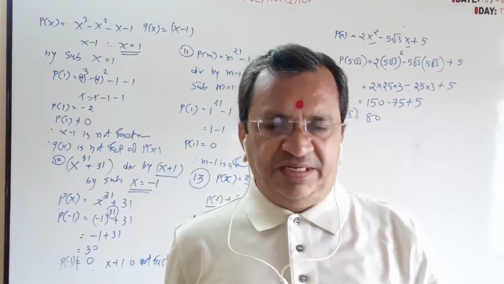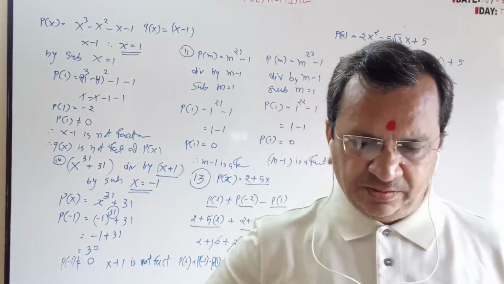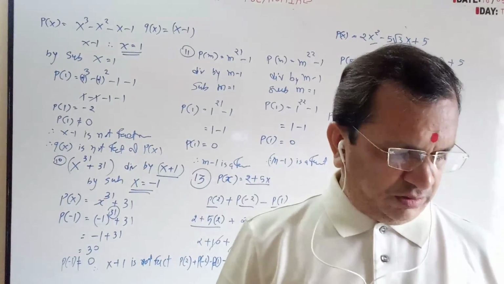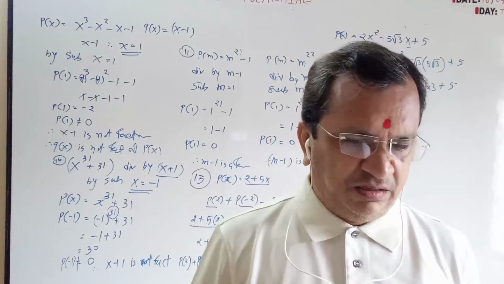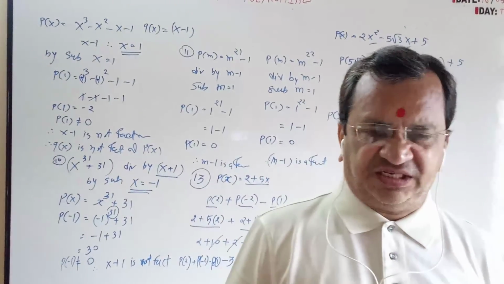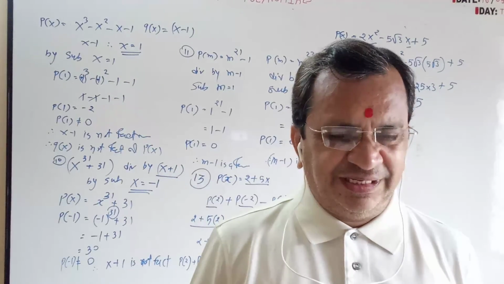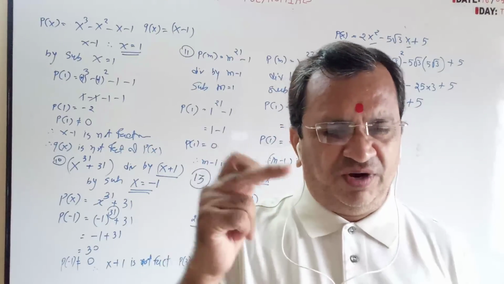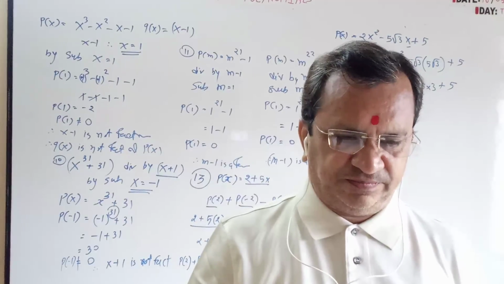Now students, please mark page number 55, 3.6, sum number 2. In that, a total of 8 questions are given. Only 1, 2, 3, 4 are there. The rest are cancelled.